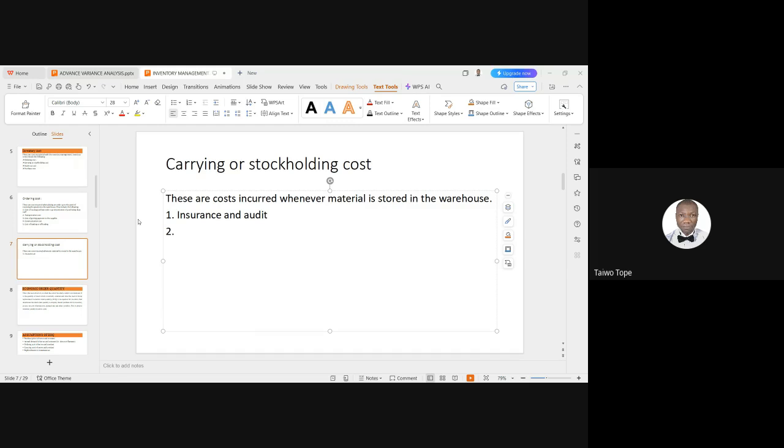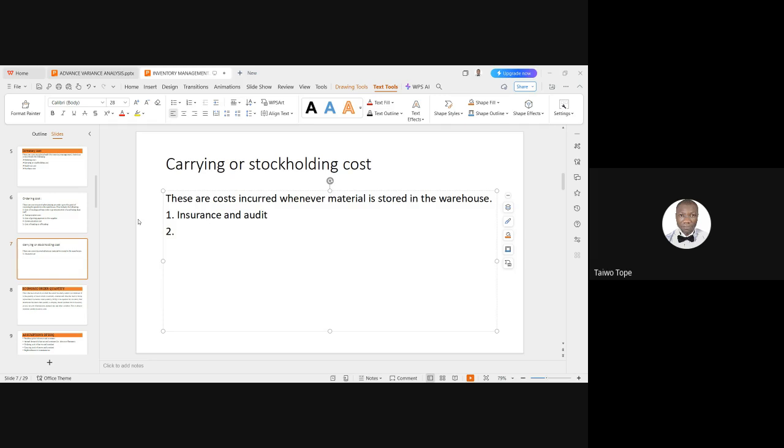Yes, as those vehicles are bringing those goods from the head office, from the manufacturing point, because of the nature of our roads, you see so many transit damage. So the insurance and audit costs, there are costs that you incur by holding those goods in your warehouse. If you are not keeping those goods, you will not incur this cost.